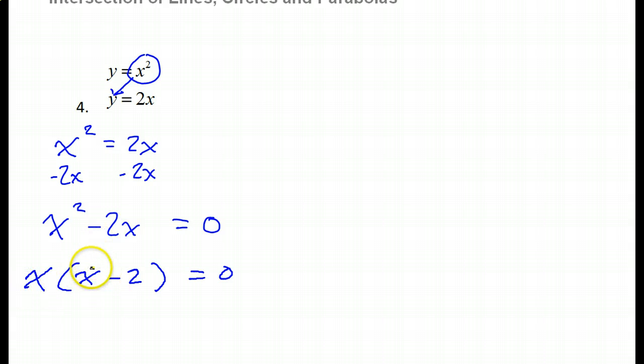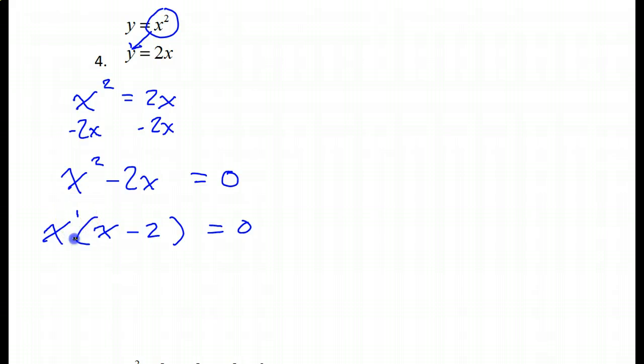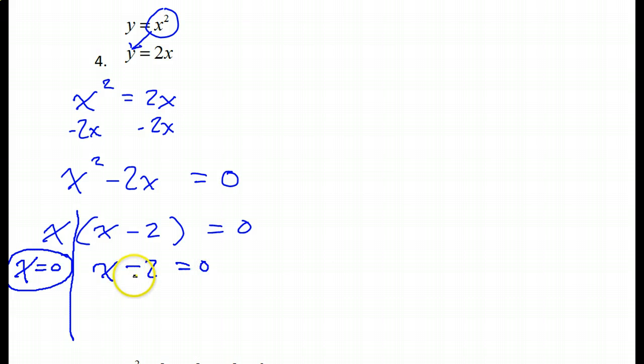Alright, so you see they are the same. But in this form, I can see I've got two factors. And I need to set them both equal to 0. So here I have x equals 0. And over here, if I do x minus 2 equals 0, adding 2 to both sides gives me x equals 2. Alright, so we have these two x values.